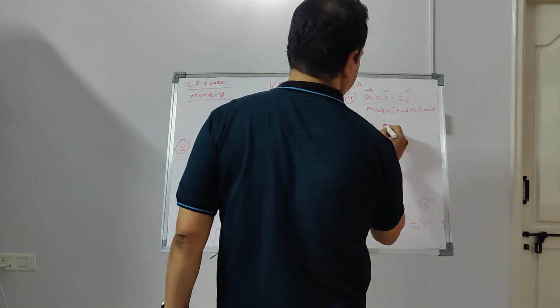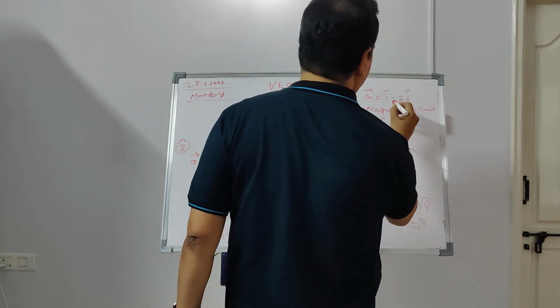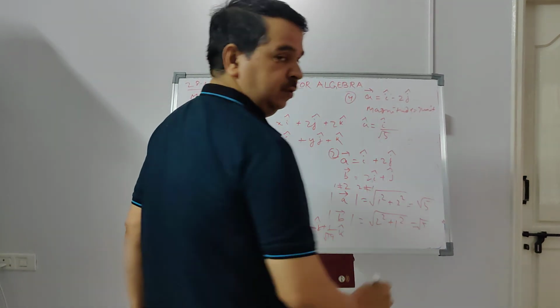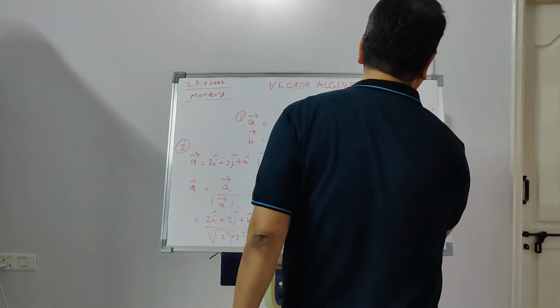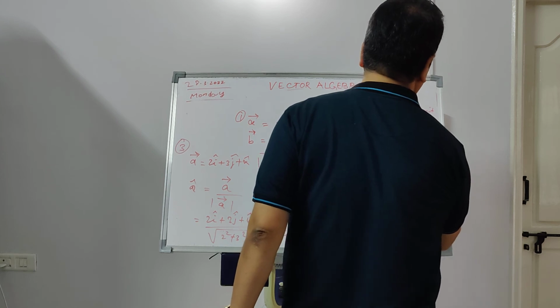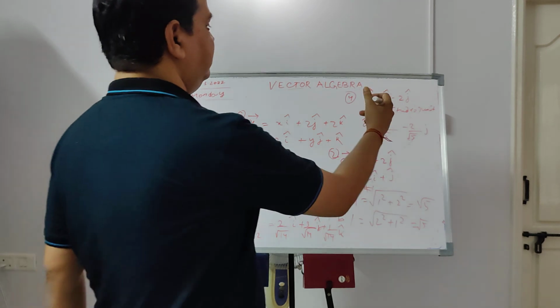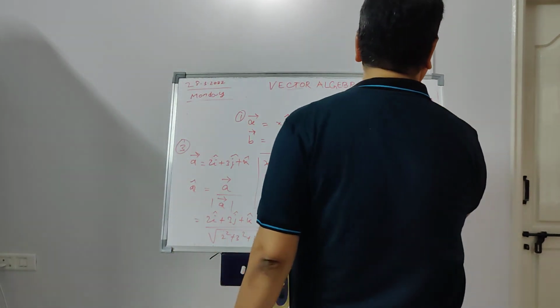Unit vector is nothing but i minus 2j divided by square root of 1 square plus 2 square, which is nothing but square root 5. Then this is the unit vector. Then you know magnitude is 7.